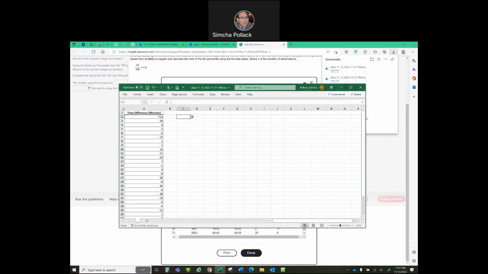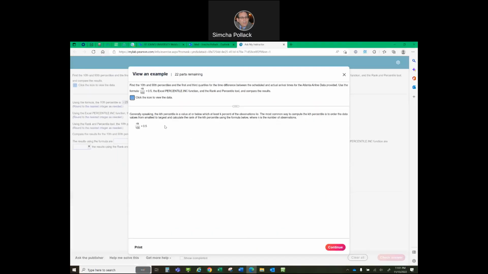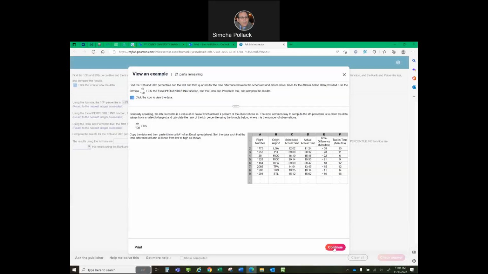So it turns out there are 3 different methods, and we'll implement them step by step. The first method is by using the formula nk over 100 plus 0.5. So in this example, n is 31, and k is 10 because they're asking us for the 10th percentile.